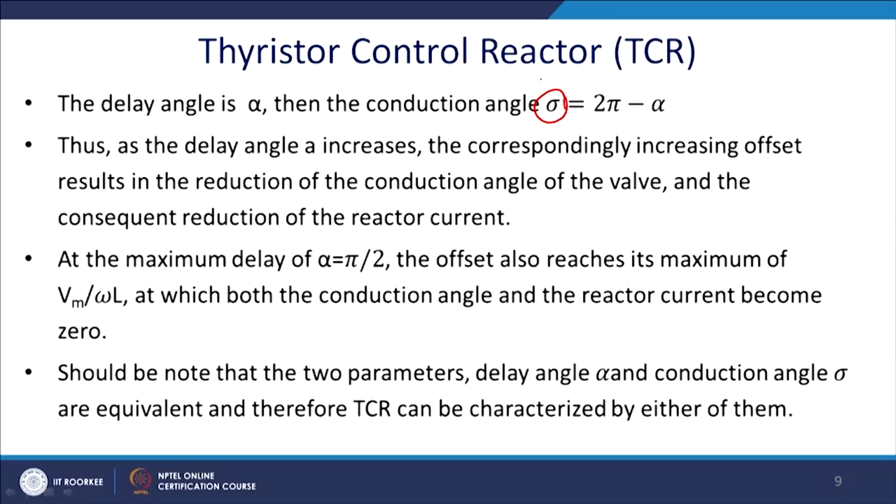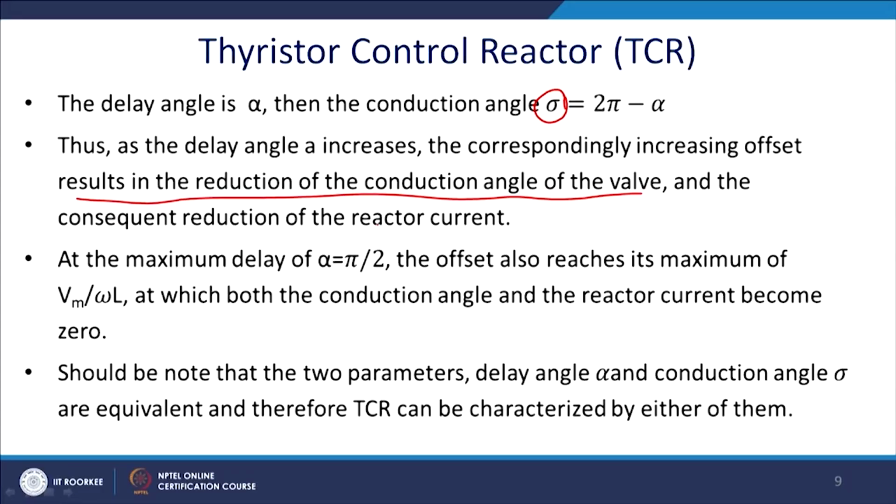So, what is the takeaway from here? The delay angle is alpha, and the conduction angle is sigma, where sigma is 2 pi minus 2 alpha. Thus, as the delay angle increases, there is a reduction in the conduction angle of the thyristors or valve, and as a consequence a reduction of the reactor current through these devices.